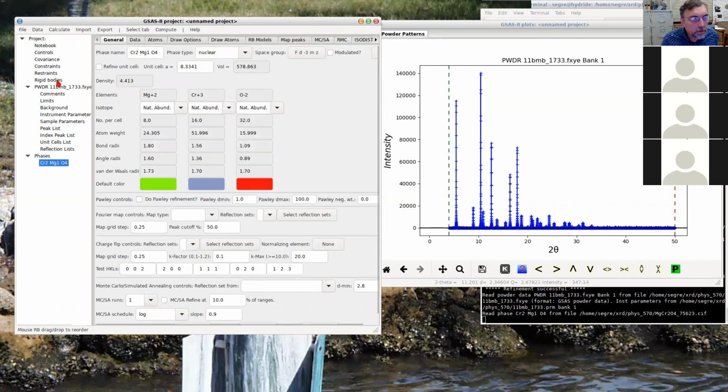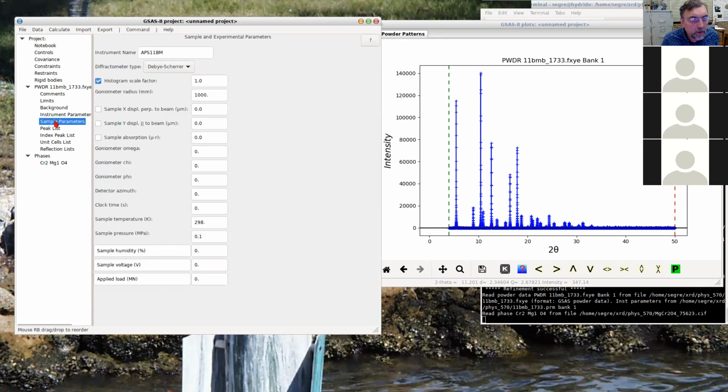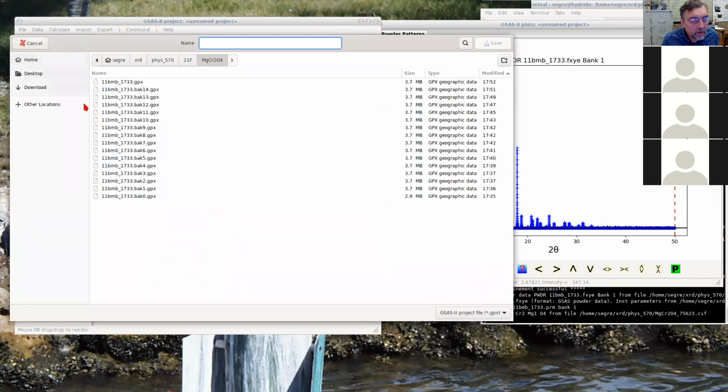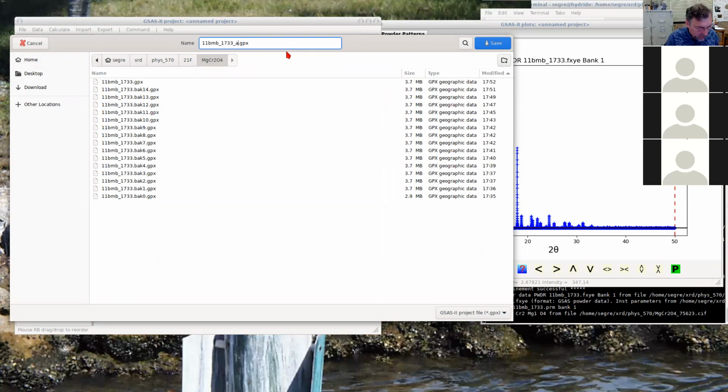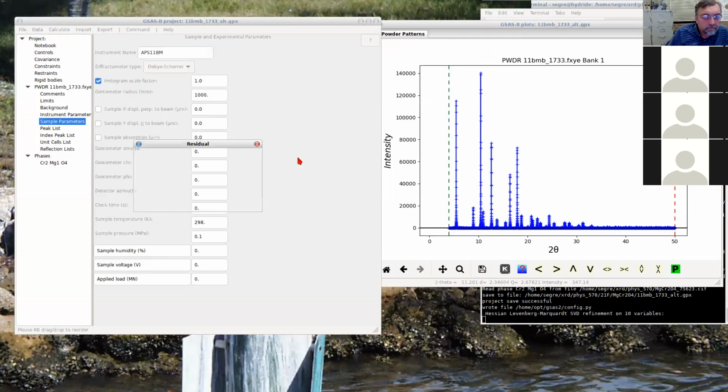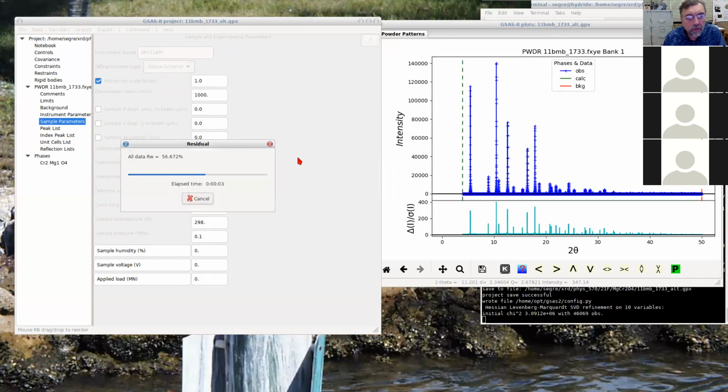And then I'll go to the sample parameters, make sure my histogram is set. And let's see what we get here. And let's call this ALT. That way it's different. Let's see how we do.